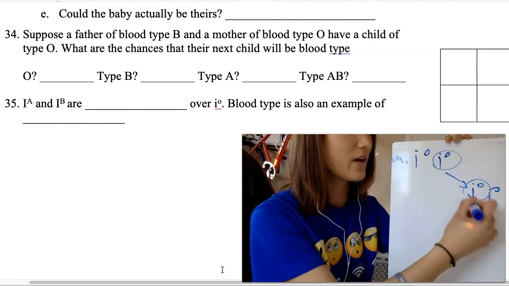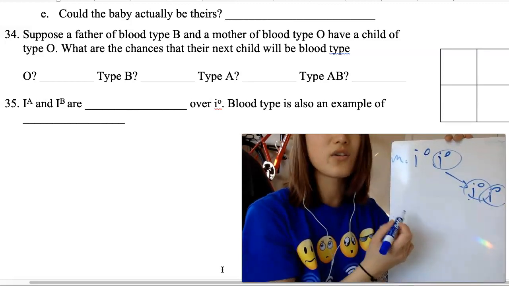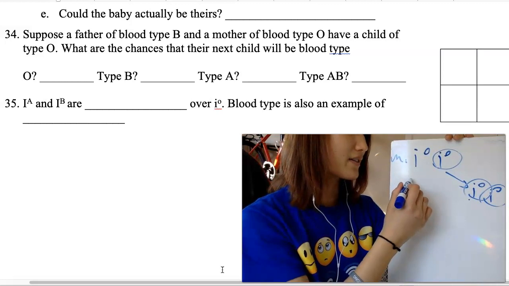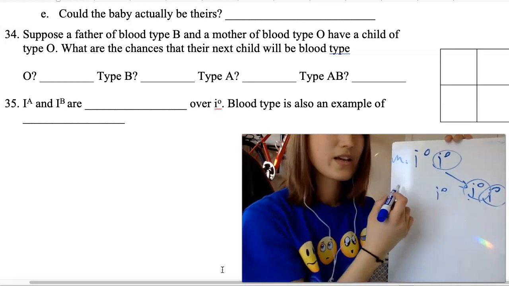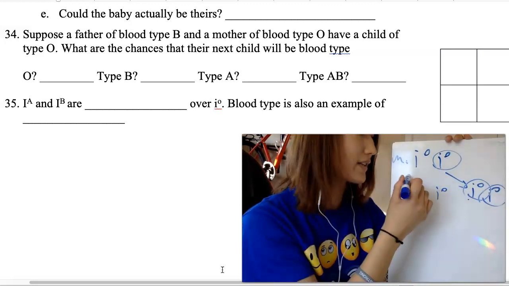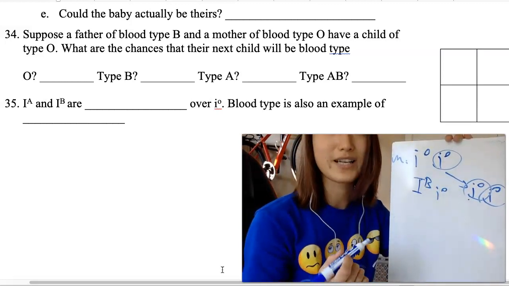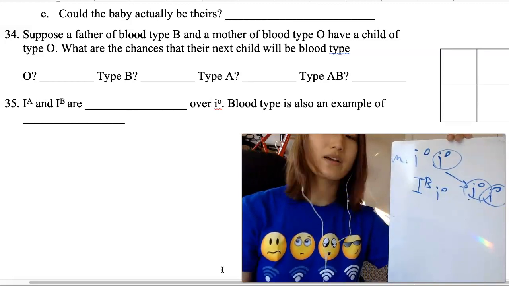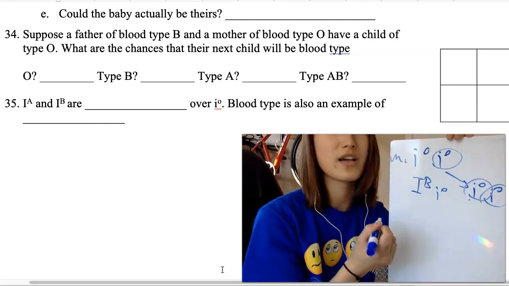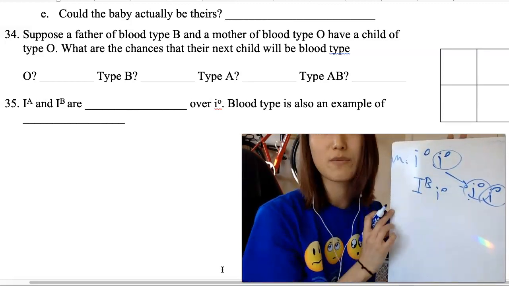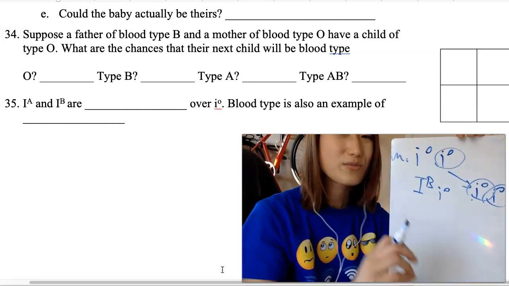Mom can give a little IO, but then you have to get another little IO from dad. That means in order for dad to be able to do this and be blood type B at the same time, dad has to be this, right? Dad can't be IB because then the child cannot be IO. So you have to make sure you remember all these notations. It's not super difficult, I hope.